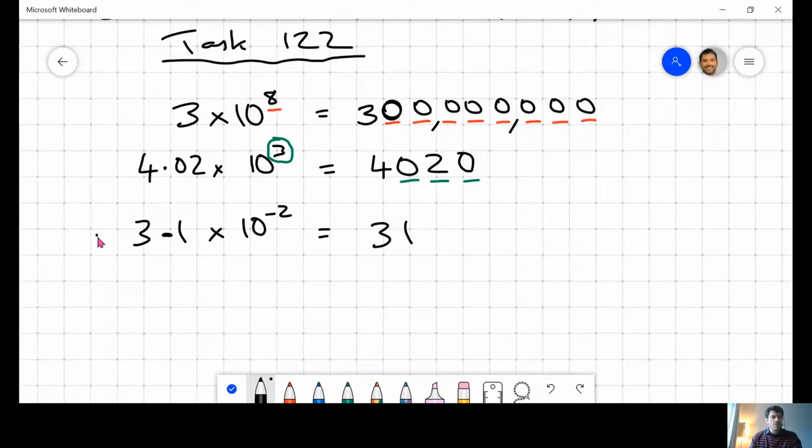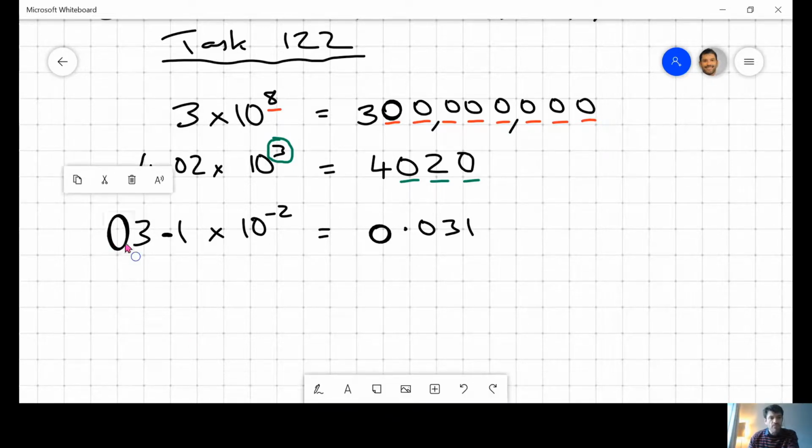So when I do that and put the decimal point here, I need a placeholder there. Otherwise the decimal point doesn't work. So that is 0.031. So 3.1 times 10 to the negative 2 is 0.031.